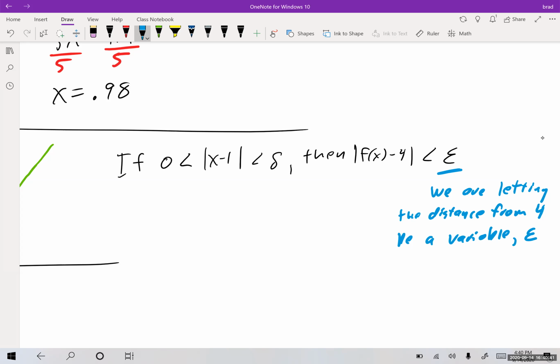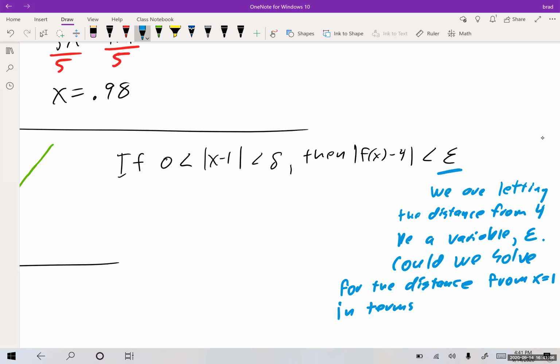Let's say epsilon, okay? Could we solve for the distance from x equals 1 in terms of epsilon? That is to say, could we find a delta such that this is true?